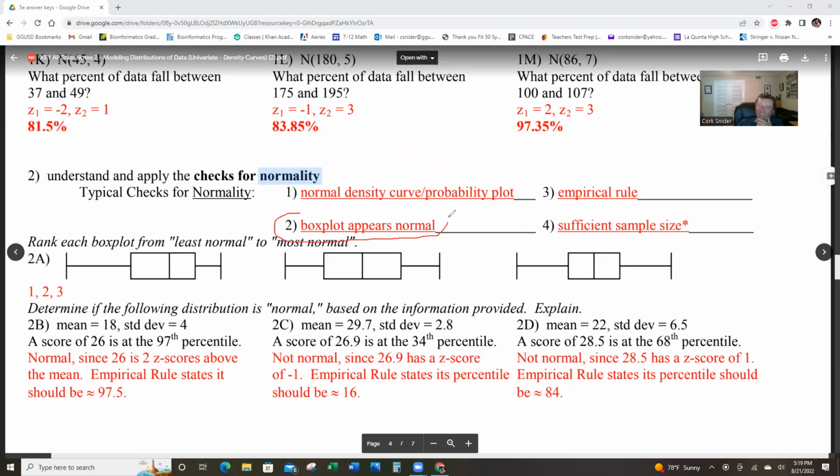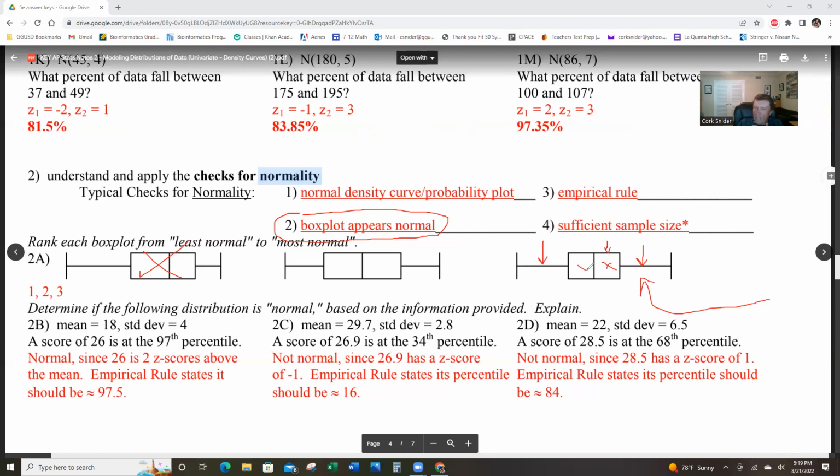Second one's a real common one. It's when the box plot appears normal. All right, what is a normal box plot? This box plot is the most normal, okay? What you want is it to be symmetric, of course. This one is not symmetric at all. You want it to be symmetric because the normal curve is symmetric. And the box plot that goes with the normal curve, these whiskers off the box, this is the box part, they're a little bit longer than this part.